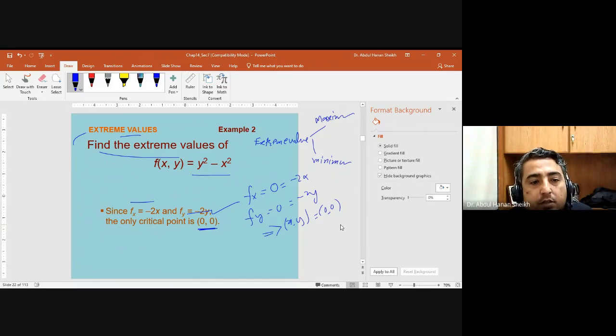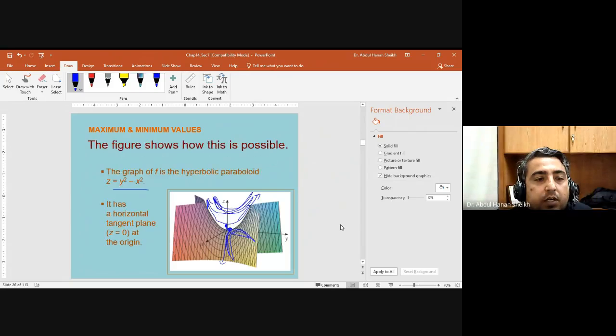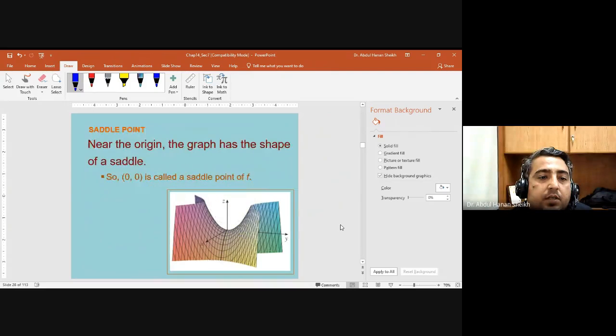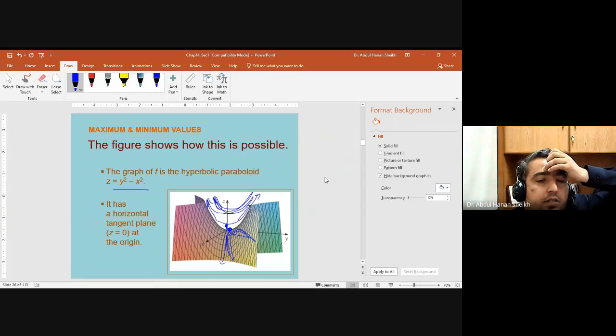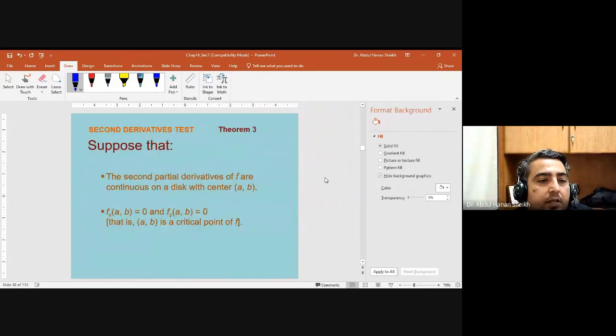But we need to distinguish whether this critical point is an extreme value or not. So there is a test which gives us criteria. The earlier test was vague, and it required analysis of the function in the surrounding, whether the function is increasing or decreasing.